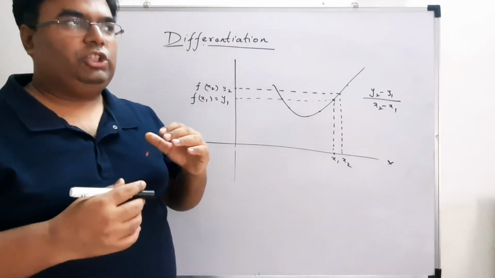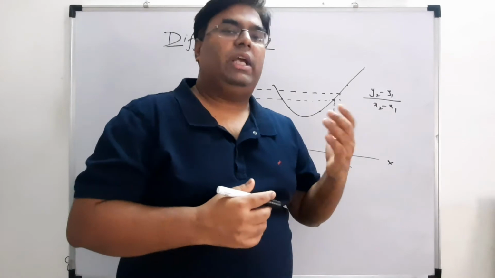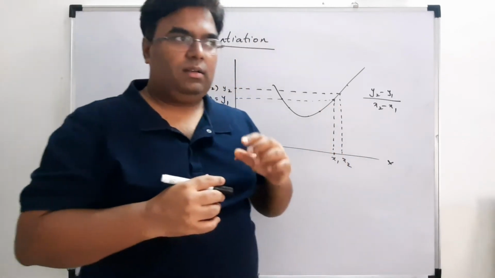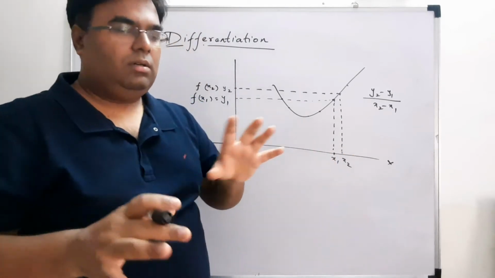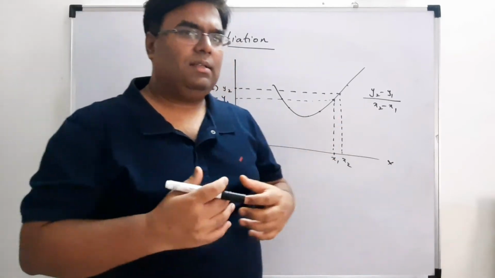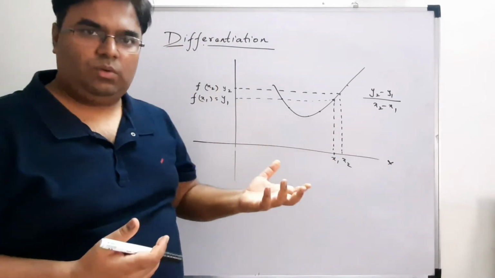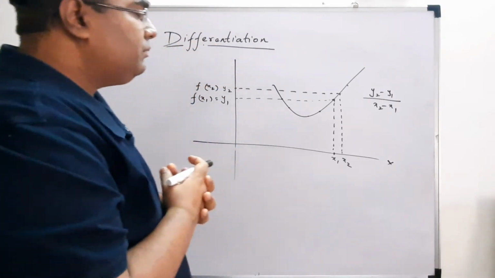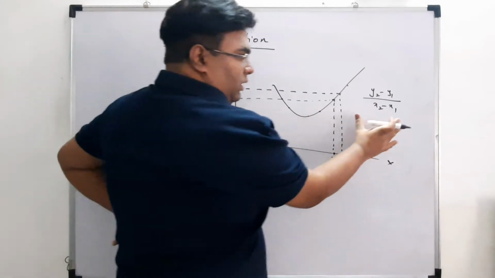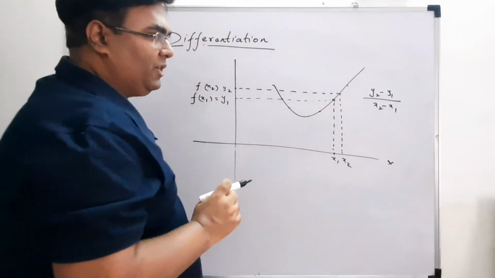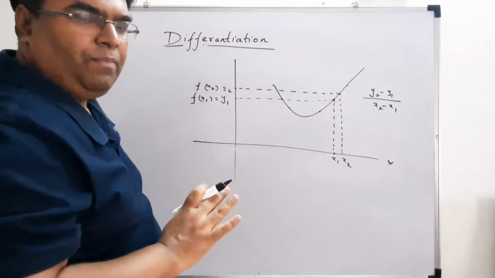Speed is change in distance upon change in time. When you say that the distance is changing with respect to time, this term is known as speed. So speed is another form of differentiation. Now we know the formula y2 minus y1 upon x2 minus x1. This is the formula of differentiation.